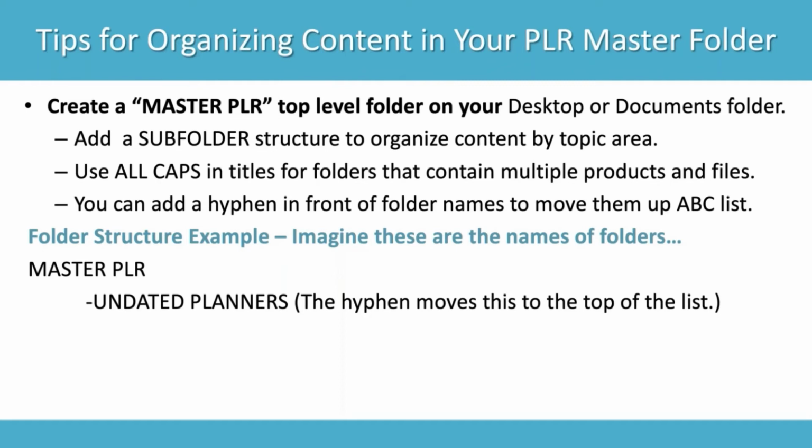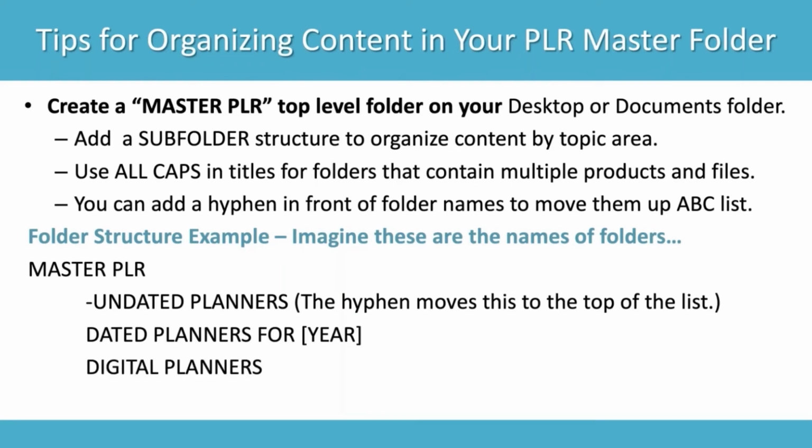These are by topic area. We're creating topic area collections. The first one is called Undated Planners, and I have a little hyphen in front of it because I want it to show up at the top of the list. Then I have Dated Planners, and you can list them by year, Digital Planners, Kids Activities, etc., etc.